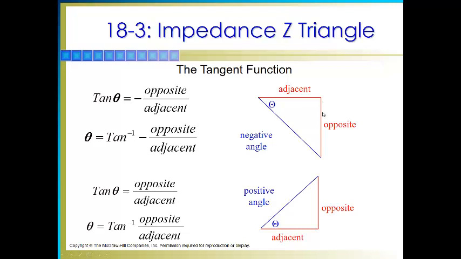In here, this is a negative value because it goes down. If this is my reference, this angle goes down this way, clockwise, that means it's a negative angle. That's why the negative right here, okay? And to find this angle, we take the inverse tangent of the opposite over the adjacent, and that will give us the angle.